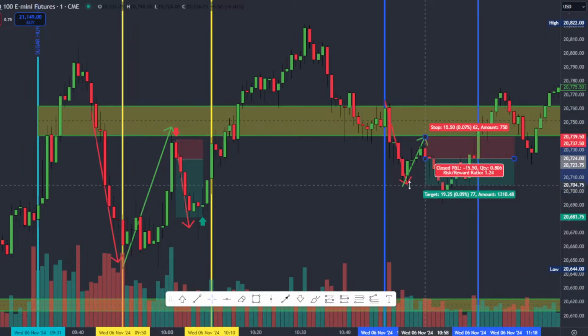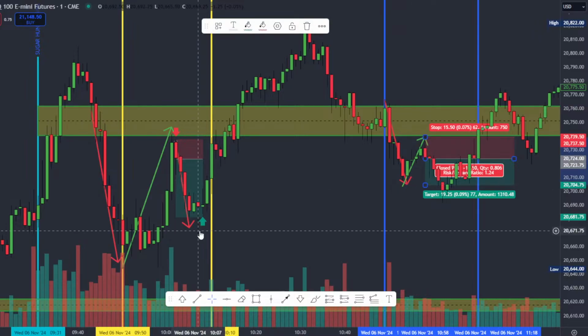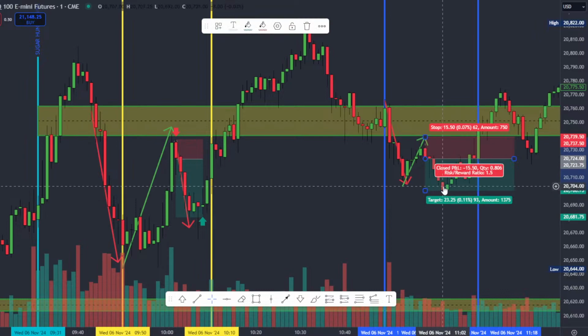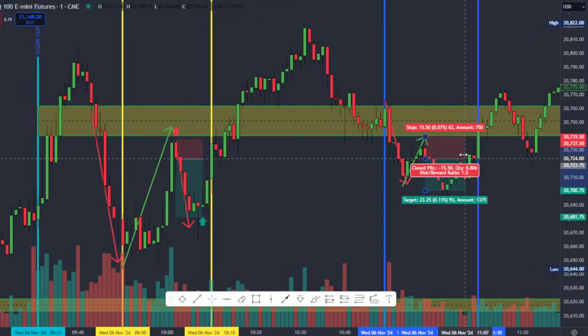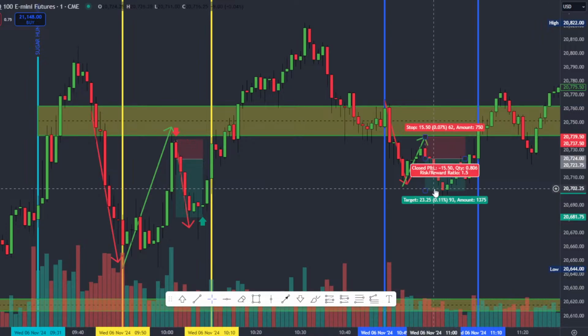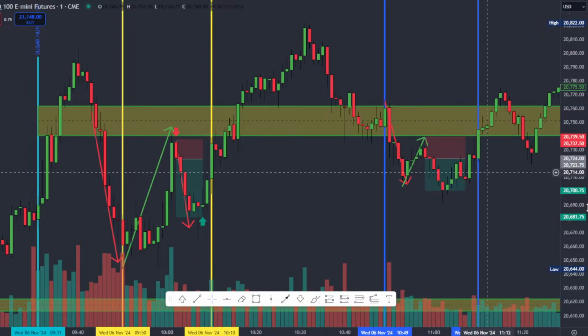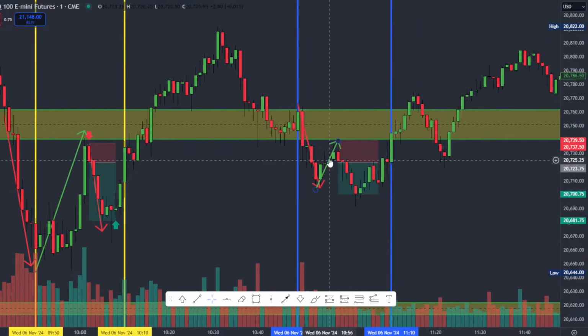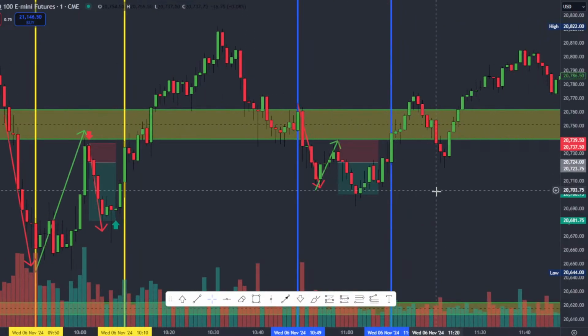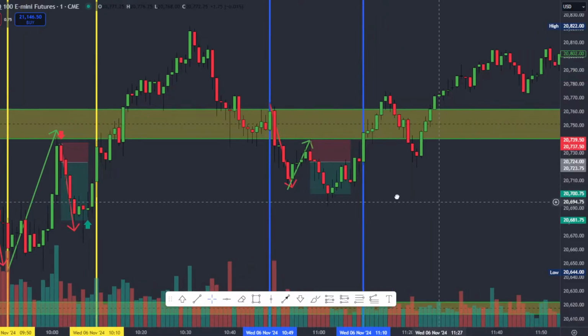I'm looking for this low or this low. I get this low right here. Green bar, so I exit. Again, 20 points. 400 bucks. One contract. You don't need a lot. If you get a move like this, that's amazing. But you don't need a lot.